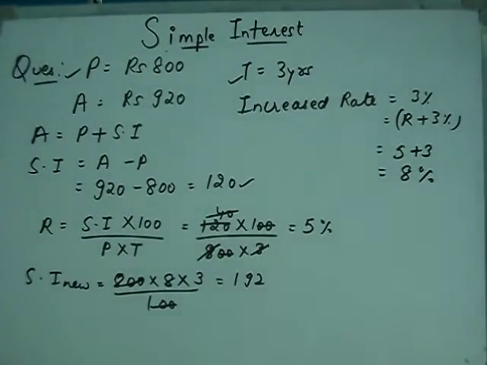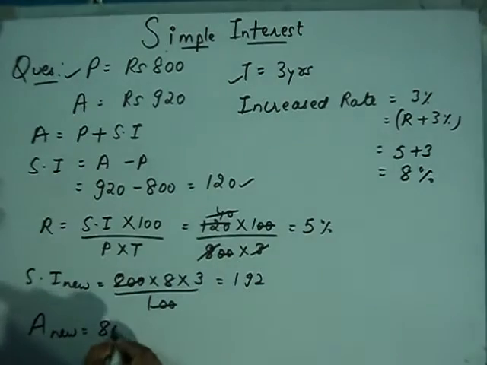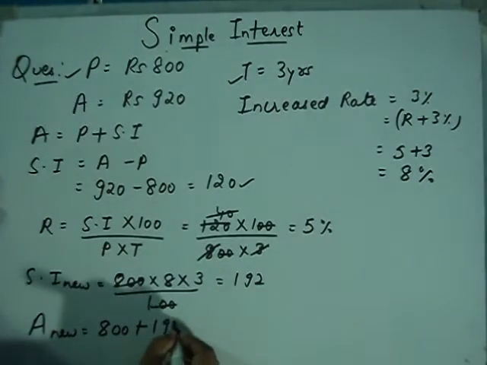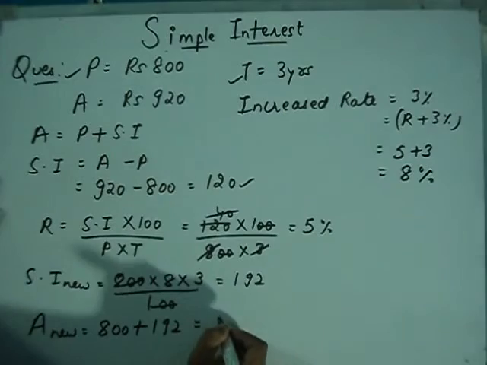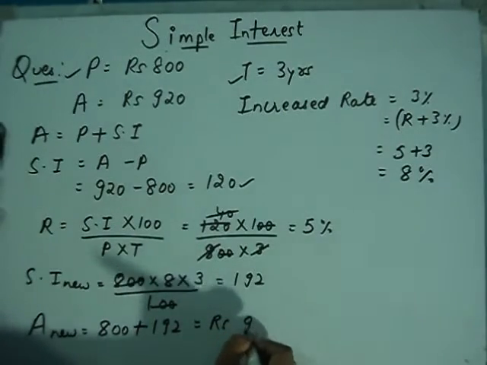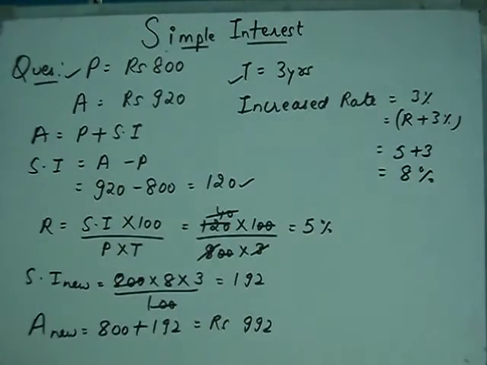The new amount A new will be 800 plus 192, which equals rupees 992. I hope you understand what I am trying to say. It is also another type of numerical on simple interest.